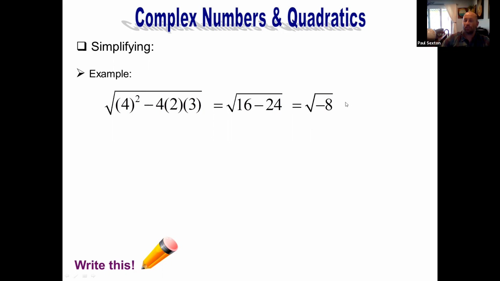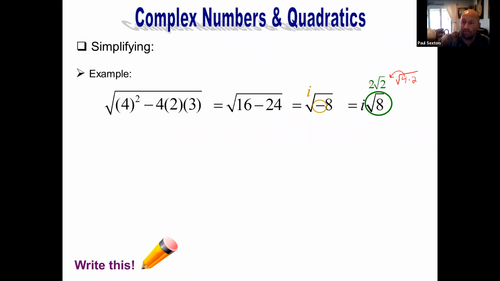But you can reduce this now. We can reduce at least the negative, but the square root of 8 can reduce too. Let me see if I show the work on that. So the i comes out, and then remember the square root of 8 is really the square root of 4 times 2, but the 4 comes out as this 2.